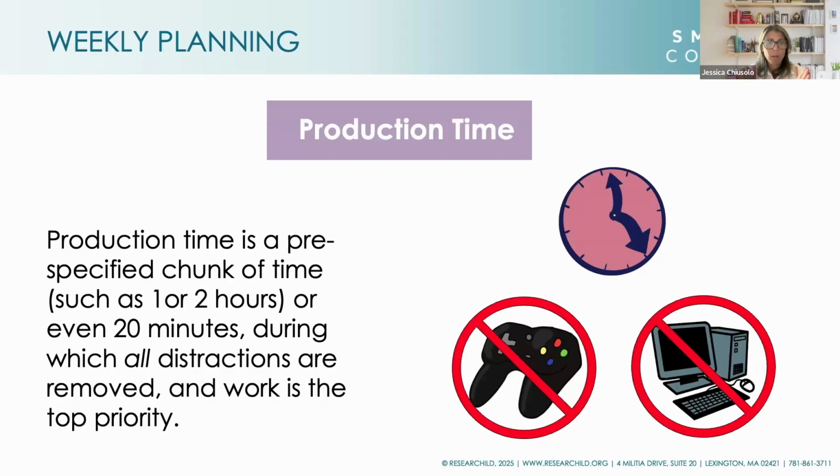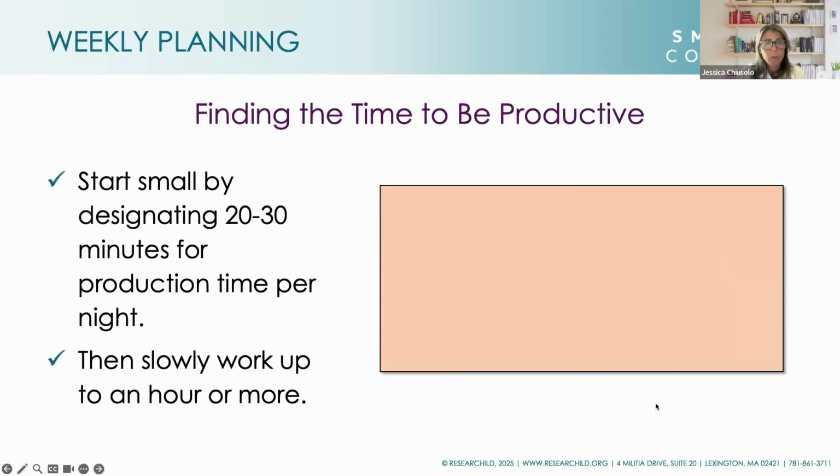Can I work on a task for a set amount of time? Then you can build up to hours, right? So we can start small by designating 20 to 30 minutes or 10 minutes, depending on your students. But by slowly adding time, you can help your students build endurance and have more long-term productivity.